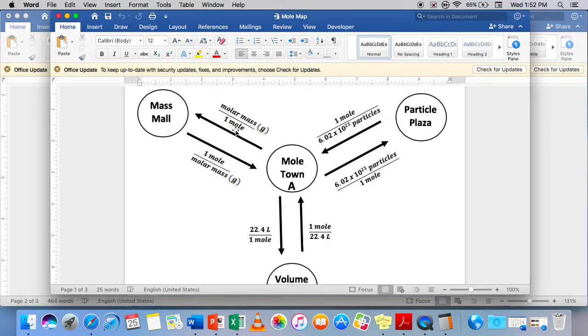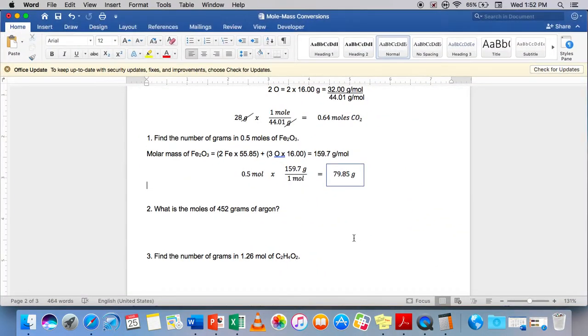So these are the only two conversions you are going to use. Think about what you are given and what you are looking for. Set up your conversions so that one of your units will cancel. If you do this correctly, one of those units will cancel, and the only unit left over will be the one that you are looking for.